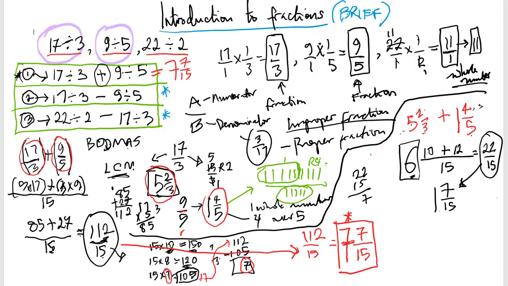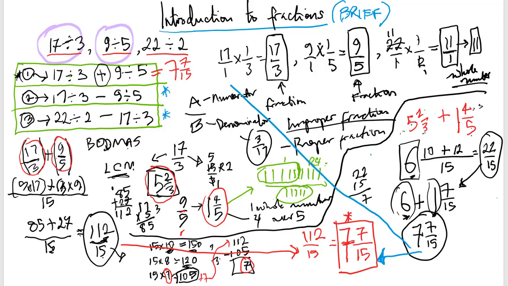So we can do 6 plus 1, 7 over 15. All we need to do is add the whole numbers. Once we add the whole numbers, we have 7 over 15, which is the same thing as this. And that's the answer here.